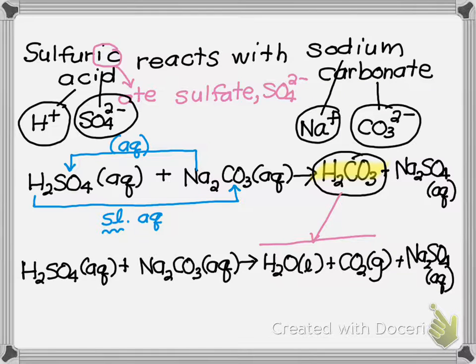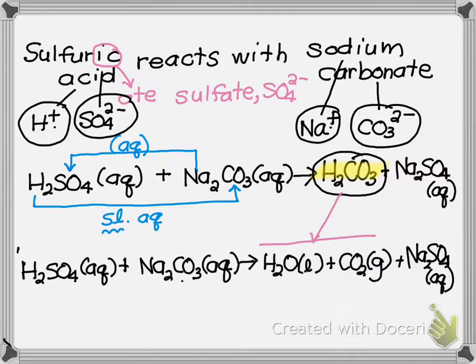Now looking at this, I think it is balanced, so I think it would be finished. Part of the reason that makes me think that is because H+ and Na+ are both one charge, and the sulfate and the carbonate are both two. But I'll check. I have one sulfur and one sulfur, two sodiums, one carbon, two hydrogens, and 4, 5, 6, 7. 1, 2, 3, 4, 5, 6, 7.